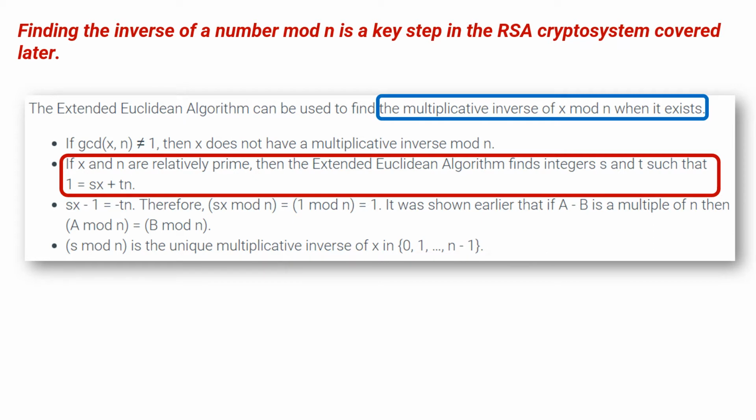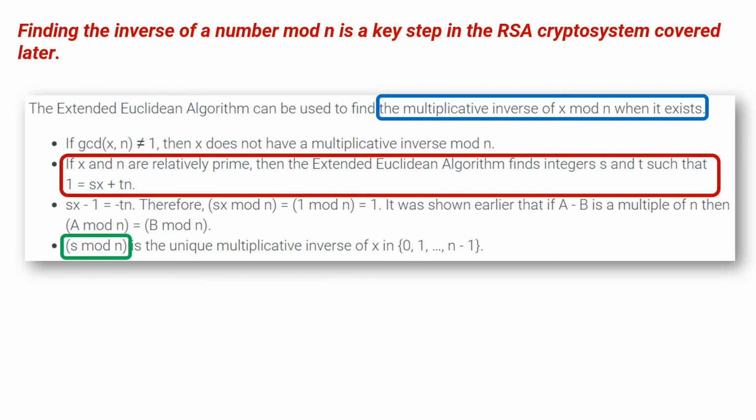Now don't worry too much about that next bullet point, but let's go to the bottom line. Once we get that linear combination, which we already know how to do, and you're going to see examples of that in a minute, there's an s and a t. We have to figure out which one is the s, and then take s mod n. The result of s mod n is going to be the multiplicative inverse of x mod n.